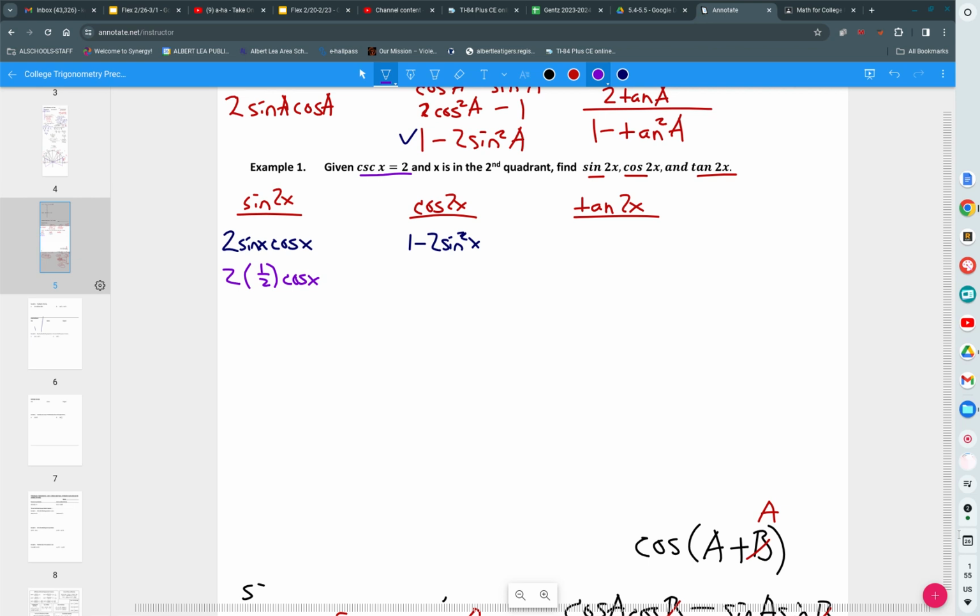Is there a formula that we have where if you know sine, you can then determine cosine? Most important formula of all trigonometry? Sine squared plus cosine squared is 1. So let us use that. Sine squared of x plus cosine squared of x is equal to 1.